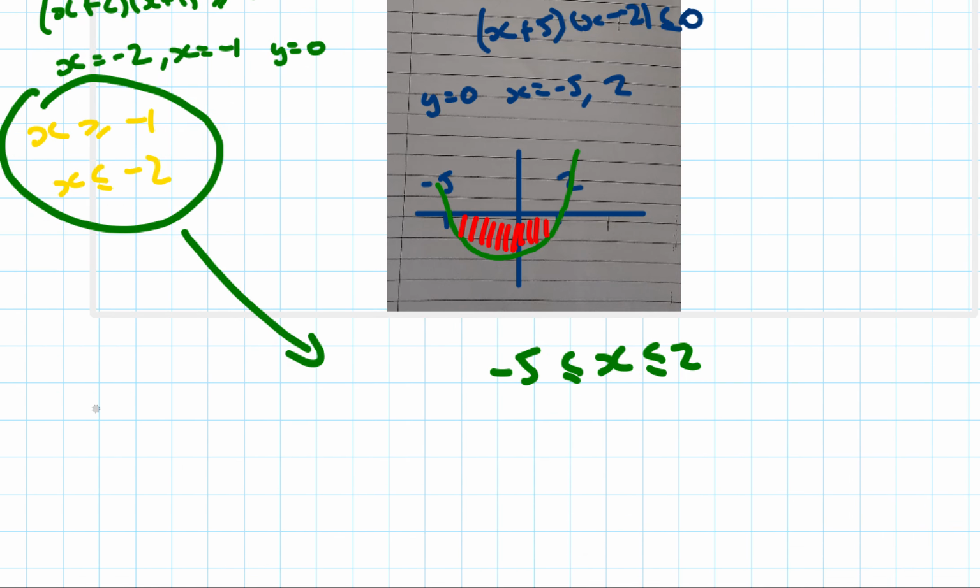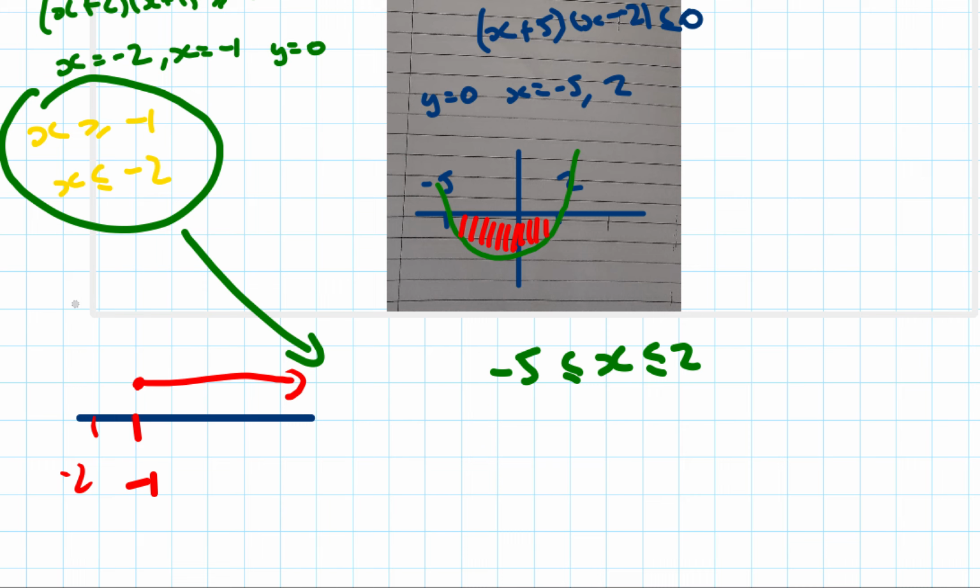The first one here is that x is greater than or equal to minus 1. So it wants all the values essentially that are greater than minus 1. So we're going to say it's all of these values here.